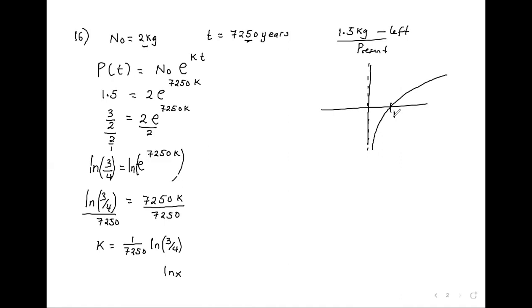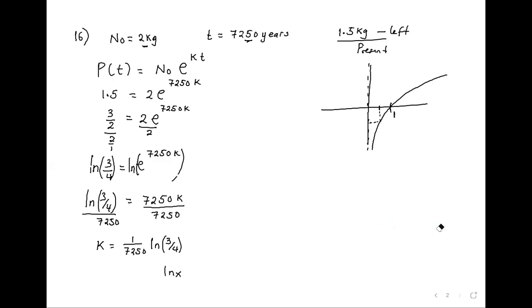So 3/4 is actually 0 point something. 3/4 is 0.75. 0.75 is somewhere here before you get 1. So what is the value of y? Is it positive or negative? You are coming down to negative. All the values of y below the x-axis are negative values. This is just assuring us, oh, don't worry, the value of k that you have is negative.